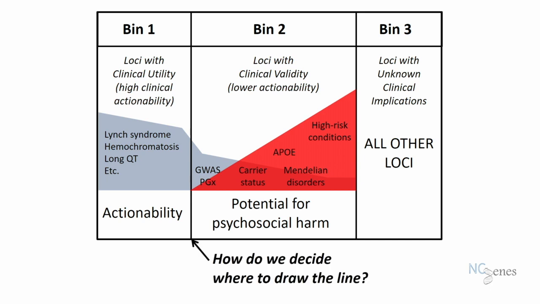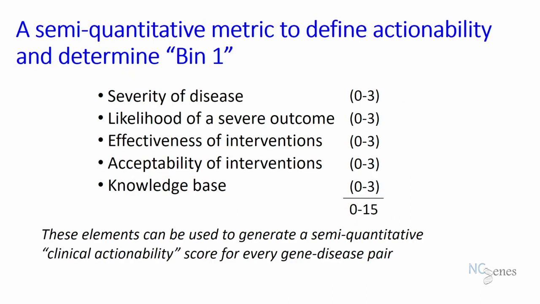So the question for us was how to draw the line between bin 1 and bin 2, and we did this by defining a metric for actionability in which we came up with these 5 criteria, one being the severity of the disease, 2 being the likelihood of the severe outcome happening in an individual, the 3rd being effectiveness of the interventions that you could apply, the 4th being the acceptability of those interventions to a person who did not yet have disease, and 5 being the knowledge base.